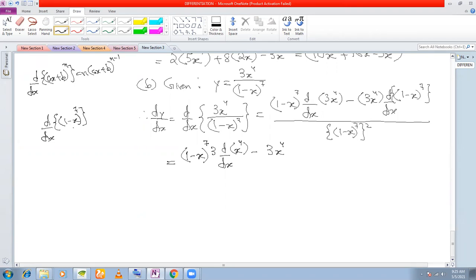So if you compare this, a here is minus 1, b here is 1, n here is 7. So if you differentiate this, you're going to get n into (1 minus x) to the power of 6 into the coefficient of x, which is minus 1. So this derivative will be minus 7 into (1 minus x) to the power of 6. Is it clear, this one?